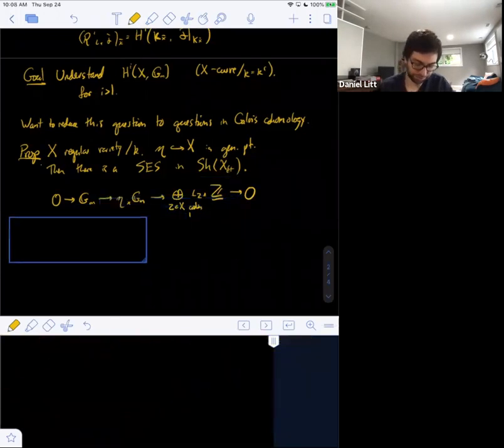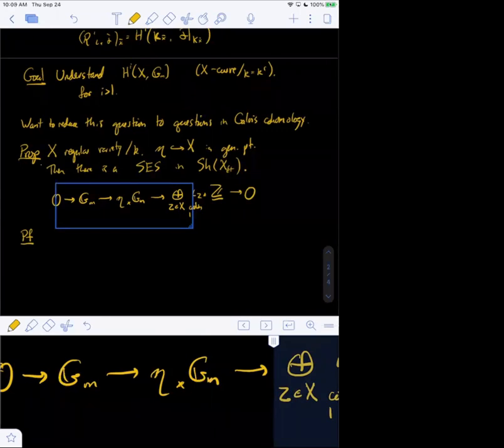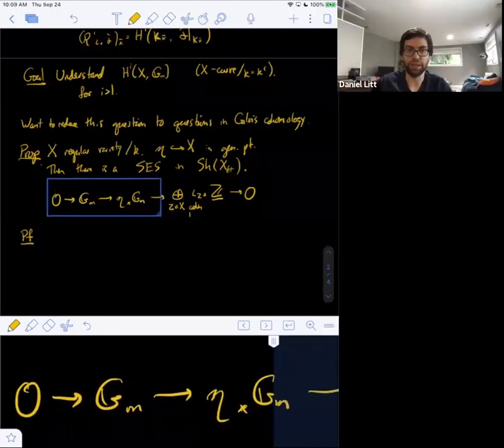Okay, so can anyone help me prove this? So first of all, what is this map? This first map, can anyone tell me what that is? The first map here from G_m to eta lower star of G_m.